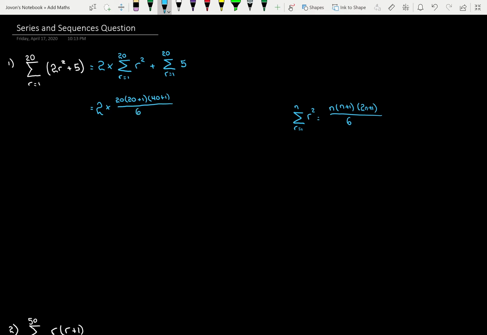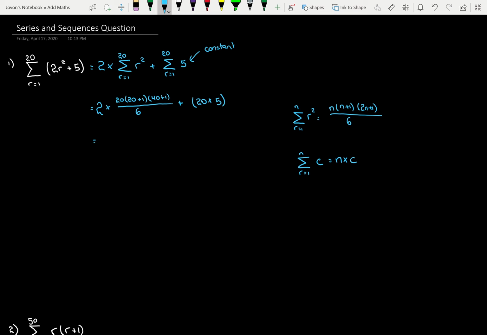Okay, and then plus, this here, 5 is a constant, and we have another rule for constants. If we want to find the sum from r is equal to 1 to n of a constant c, this is equal to n times c, if you recall from the first video. So this here is equal to plus 20 times 5.